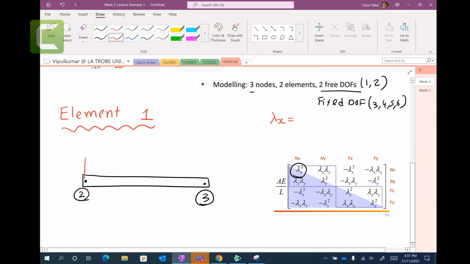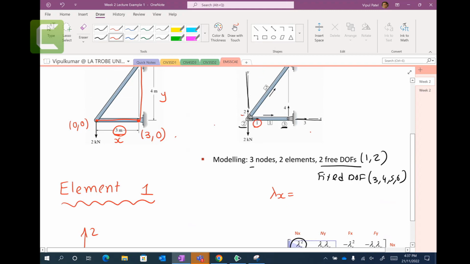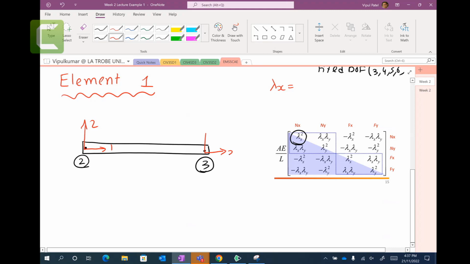I can put 1, 2, because you have 1, 2, and 3 and 4. So I can put 3 and 4. I can put the coordinates 0, 0 and 3, 0. Right? And the length of this one is 3 meters. What have I done?